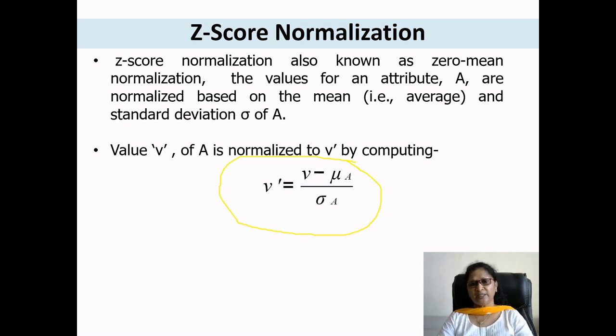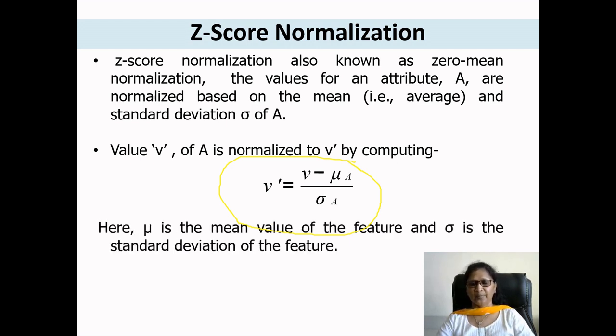Here, generally we are given a population mean, that is mu, and a standard deviation, that is sigma. These are two Greek letters used to represent population mean and standard deviation. You have to substitute values in this and you get a new normalized value.